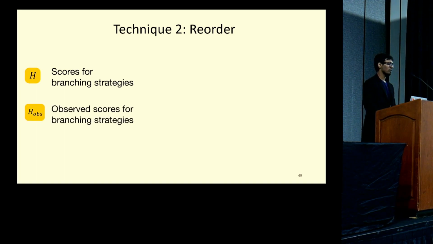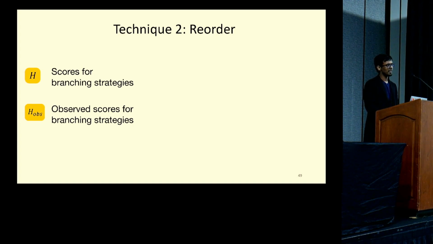However, our observation in case of incremental verification is that we can exploit the similarity between the original network and the updated network, and we can compute something called these observed scores for different strategies that were used in the original verification. What this observed score essentially does is we prioritize the branching strategies that were effective in the original verification.